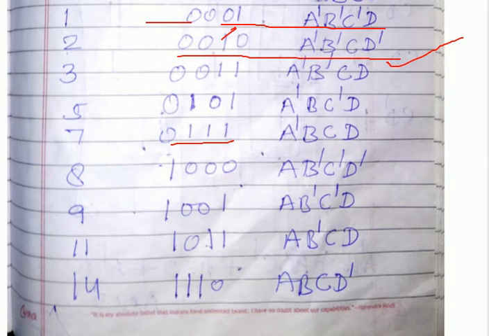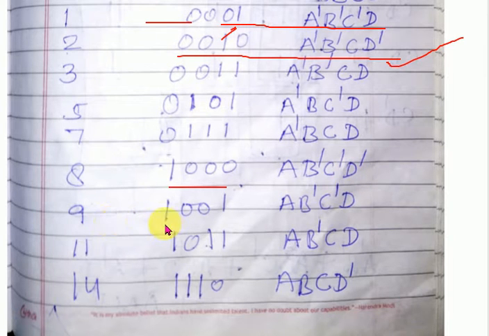Similarly 8 can be written in the binary form 1 0 0 0, with place values 2 to the power 0, 2 to the power 1, 2 to the power 2, 2 to the power 3, and in the min term it can be written as a b dash c dash d dash.